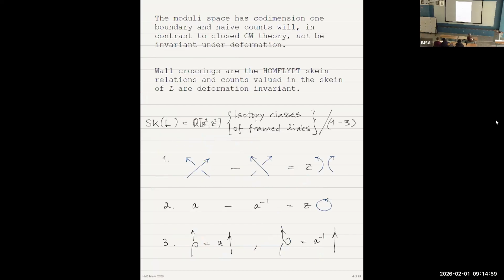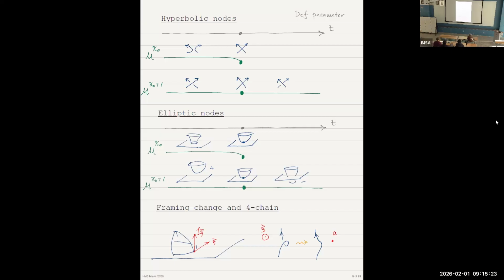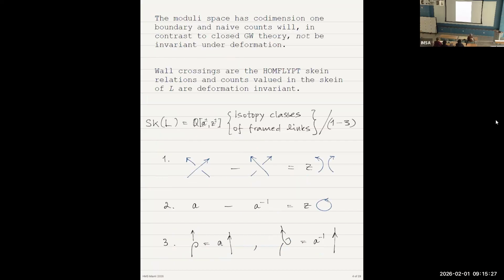And so it indicates, I'll write this soon, but it indicates that we should count the curves by z to the minus Euler characteristic, and then this a variable actually measures the linking between the curve and the Lagrangian. So then you see that when you impose this condition, the 2 terms on one side are maybe the first, and then z times unknot is equal to the other one.